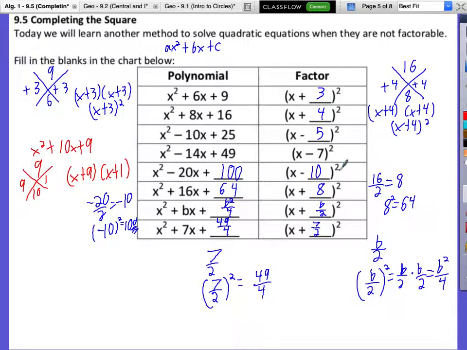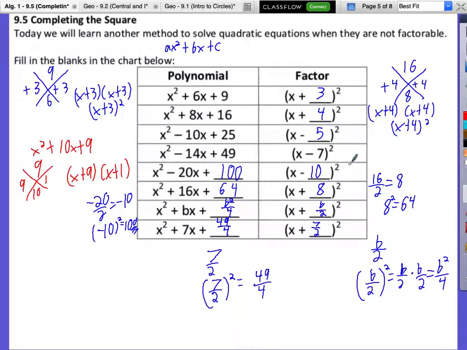We'd have gotten just 2 other random factors, or maybe not even anything that could factor. What we did was we created a square. The start of a square was there, and we said, well, let's complete it. Let's finish it off. Let's put the right number here, and then let's make this a square, something being squared. That's where that name comes from. Does that name kind of make sense?